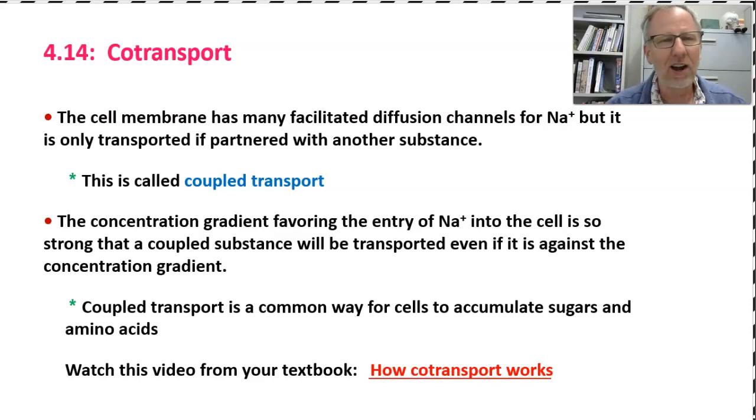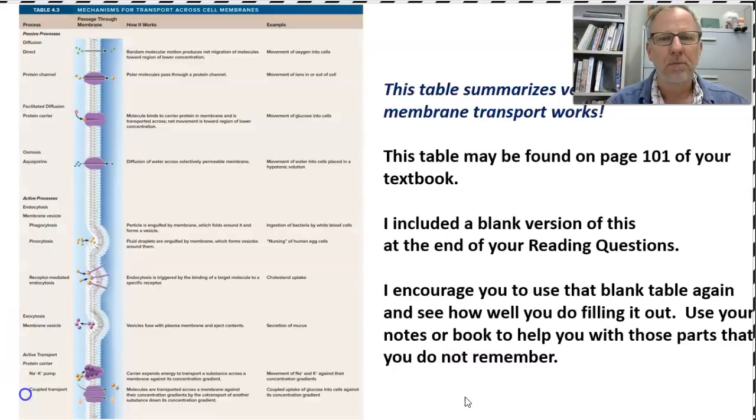Okay, so that's it. There's one more slide, and let's check it out, and then we'll wrap this up. Okay, so I sure hope that you had done your reading questions for this section before you started using your worksheet and taking notes. In your reading questions, I put a blank version of this table, and asked you to fill it in using your information in your textbook.